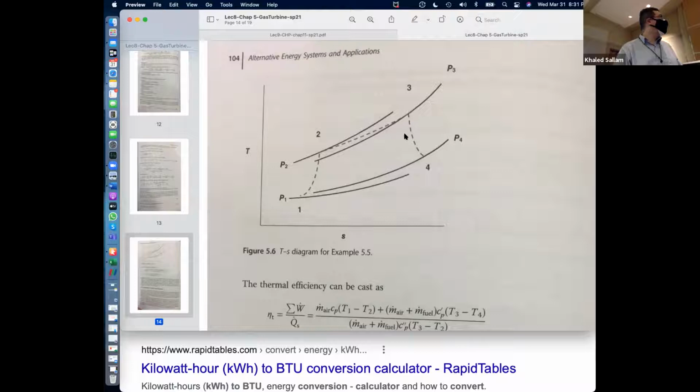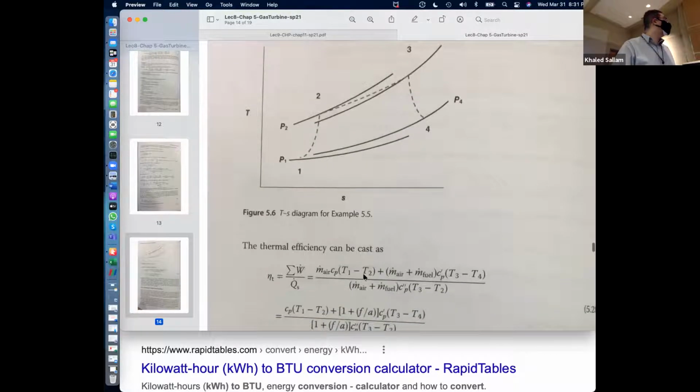It drops like this. There is 4s and there's 4. In the final, I'll probably give you a Brayton cycle and ask you to calculate, say, the heat rate. So it would involve calculating the work and the Q, and then calculating the efficiency, just like what he's doing over here.